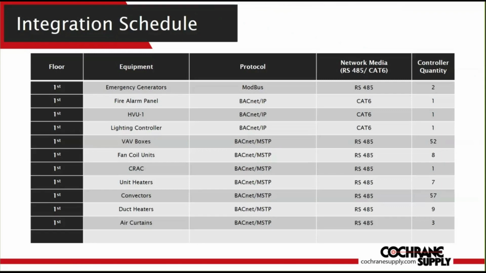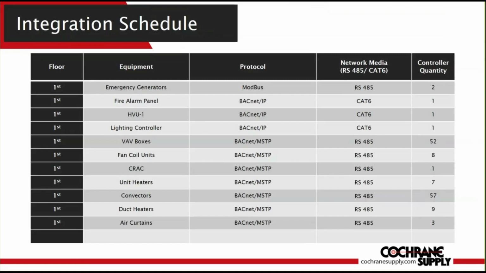The lighting controller, that's actually BACnet IP. So that's going to have Cat6. So when you see Cat6, then you know that that's an Ethernet connection that can connect directly to one of your network switches. Okay. So one of your edge switches, you can connect that controller directly to an edge switch.